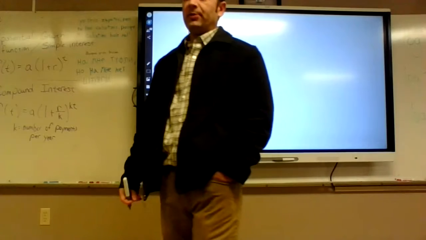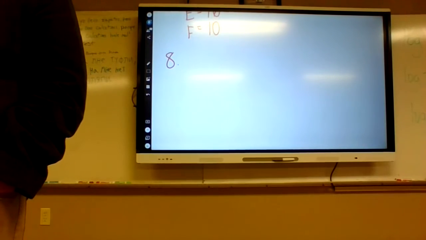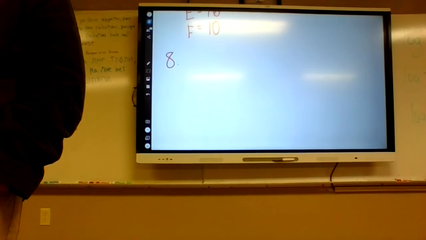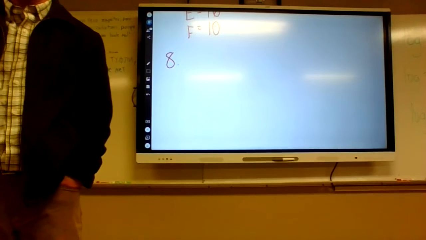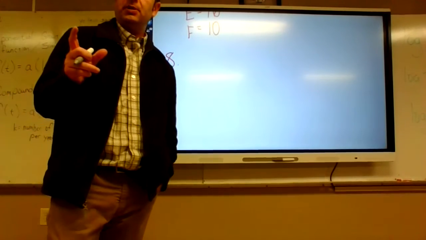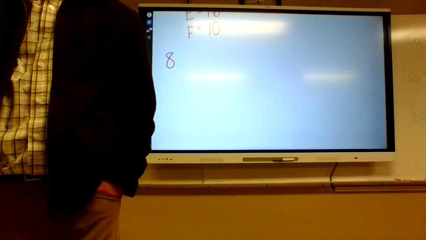On number 8, it says sketch the intersection of the solid bounded by the surface and each described plane. That sounds pretty confusing. Basically, what they want us to do is draw that triangular prism for number 8 and 9, and then draw whatever they describe.